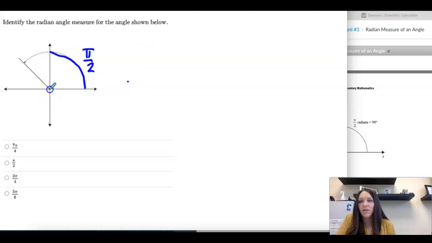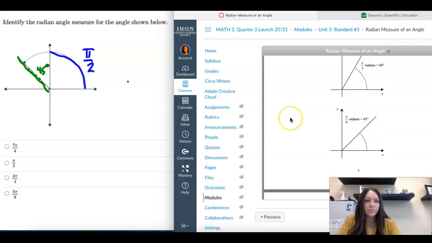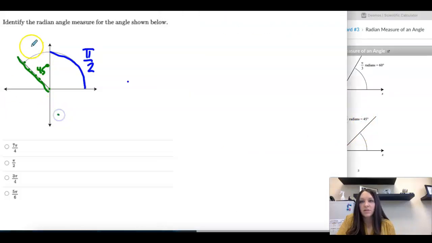And then you have to recognize that this angle is half of 90. It's 45 degrees, which is pi over 4.